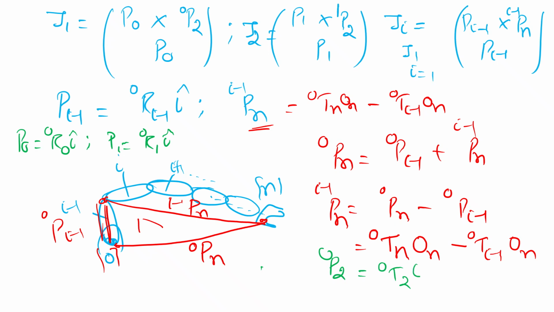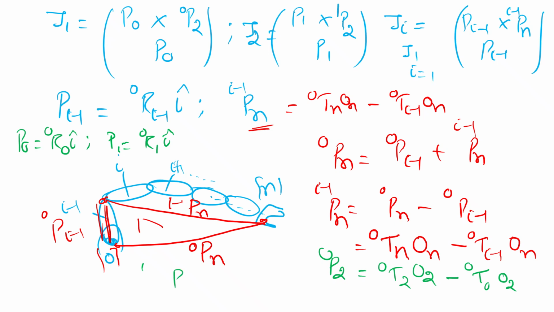Similarly, we want one more parameter, which is P2,1. P2,1 is just substitution: T2,0 O2, there is no difference, minus T(i-1). Here, actually, I have to put 2 only. Sorry about that.